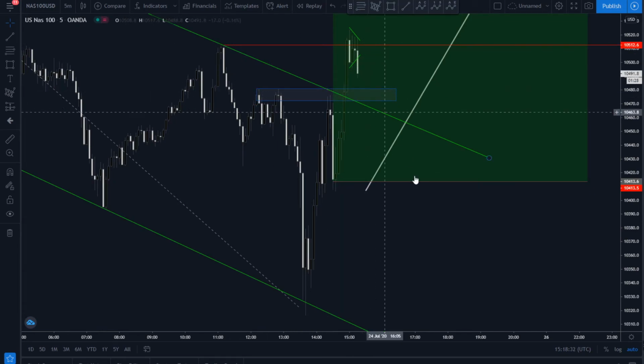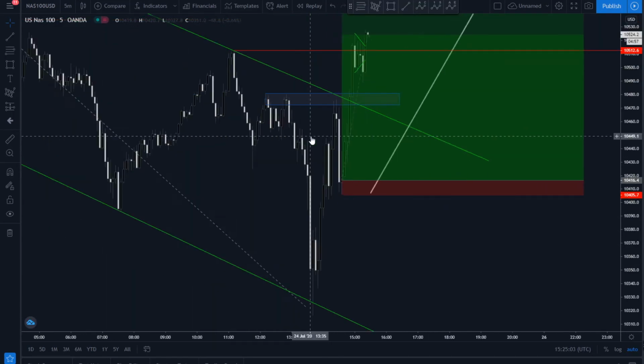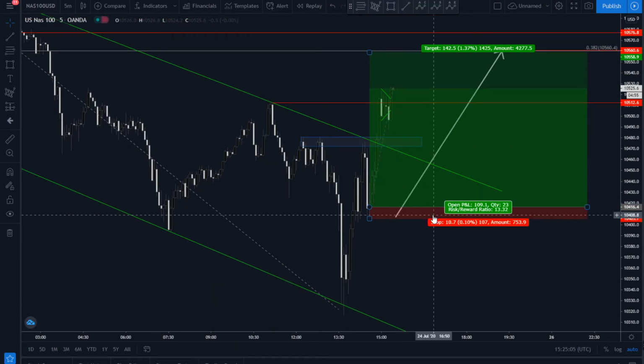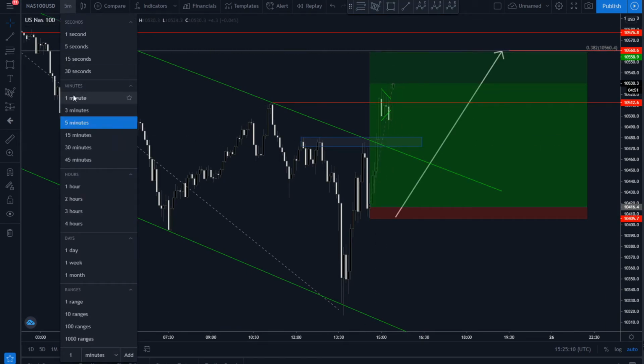We're coming down to test this support, it looks like. So we'll see how it plays out. All right, so it didn't go test, which is a very good sign. What it did instead is it made a flag.